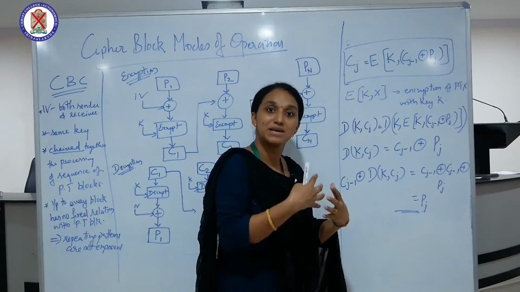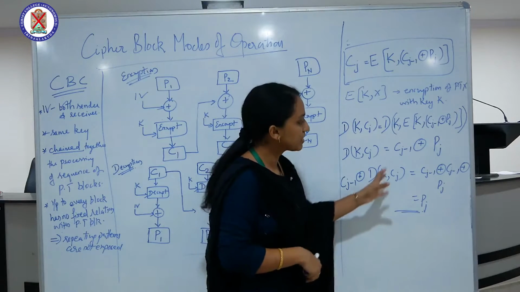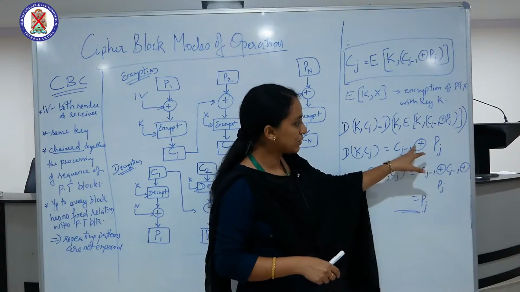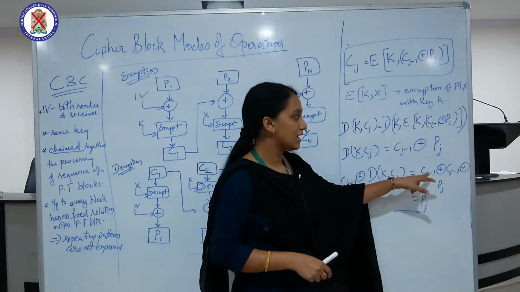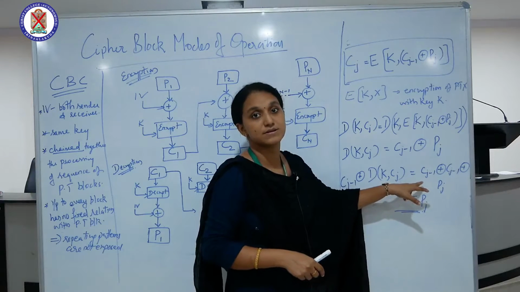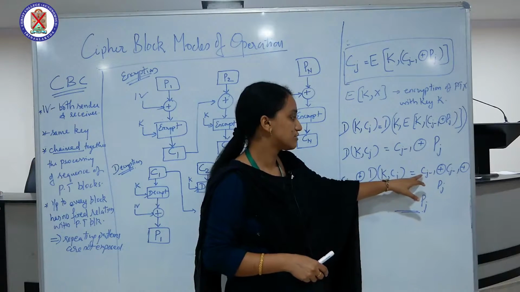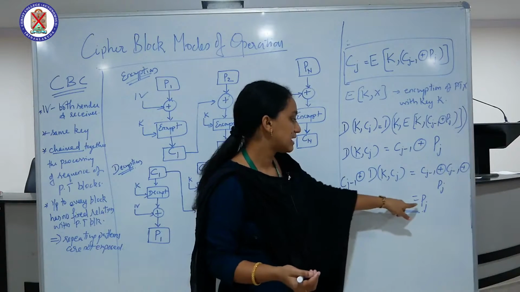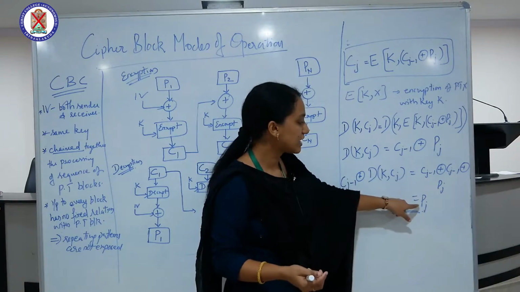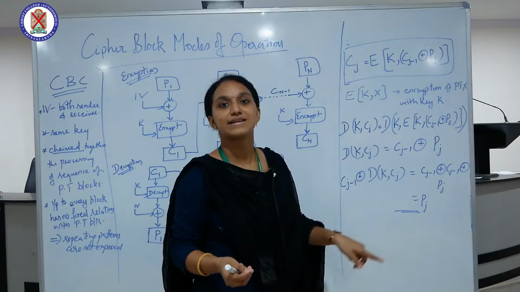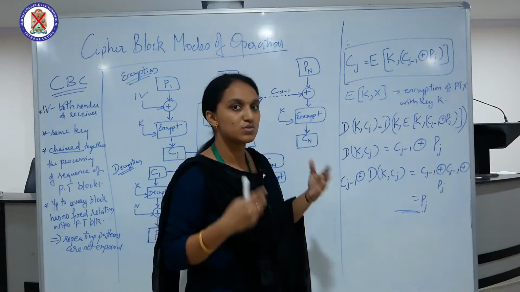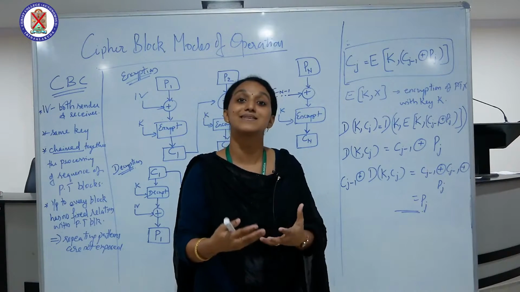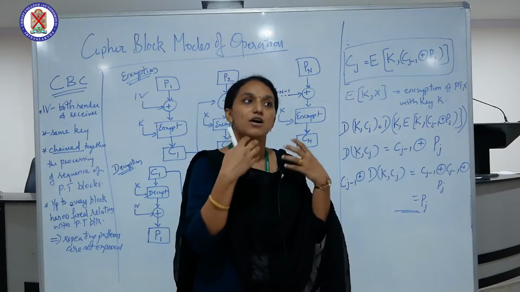My aim is just to simplify the equation. In XOR, I hope you know the basic functioning. Cj minus 1 XOR Cj minus 1 will give nothing but 0, and 0 XOR Pj is nothing but the plain text Pj itself. So that's our motive. What is supposed to be on the right hand side? The plain text as it is, right?